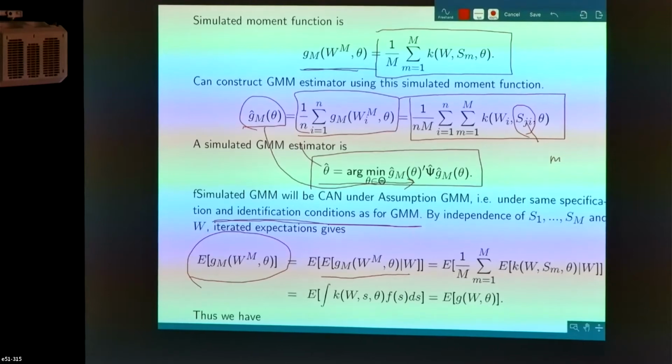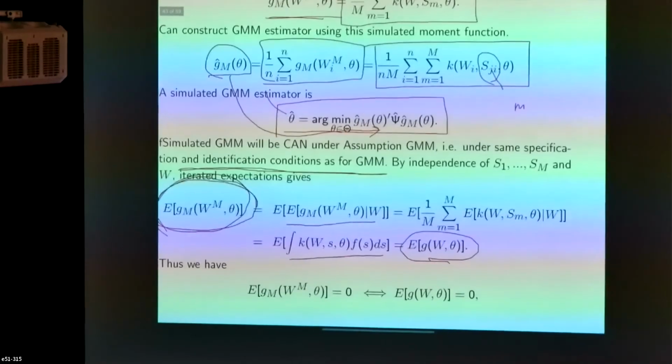Because they're independent of W, that just becomes the integral over f of S of the K, and that's the moment function. So the expectation of the simulated moment functions is exactly equal to the expectation of the true moment functions for every theta. There's nothing lost in identification by doing simulation. The expectation of moment functions is the same. So that's good.